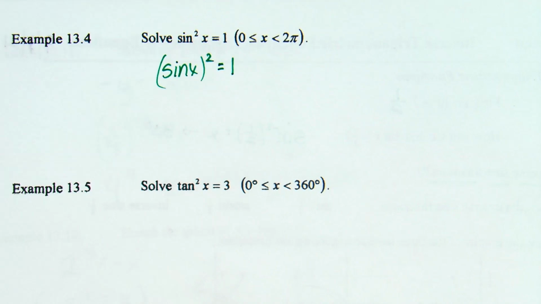I don't know if this helps or not, but if I rewrite that as sine x raised to the power of 2, that's still sine squared x equals 1. Since it's sine squared x, we can take the square root. If you take the square root of one side, we're going to take the square root of the other side. What's the square root of sine squared x? Sine x. What's the square root of 1?